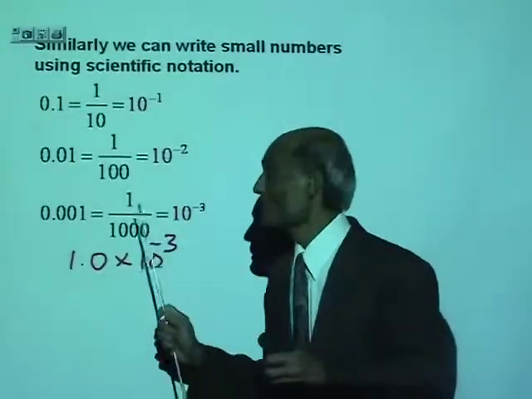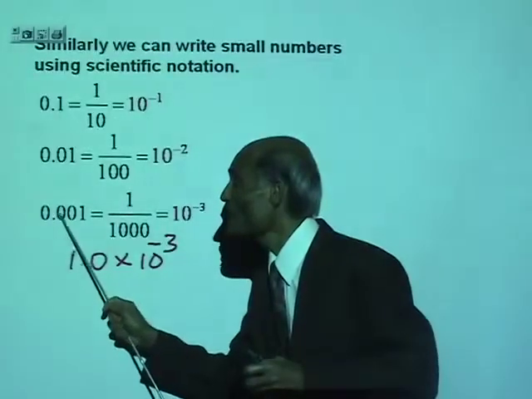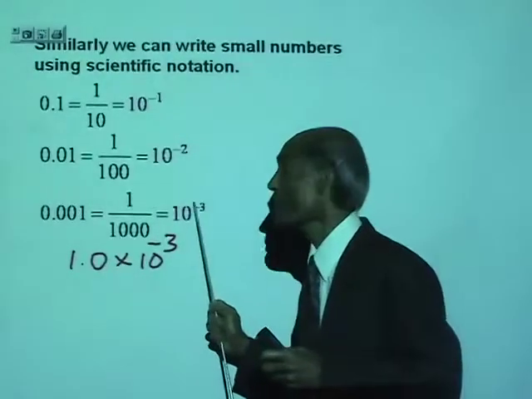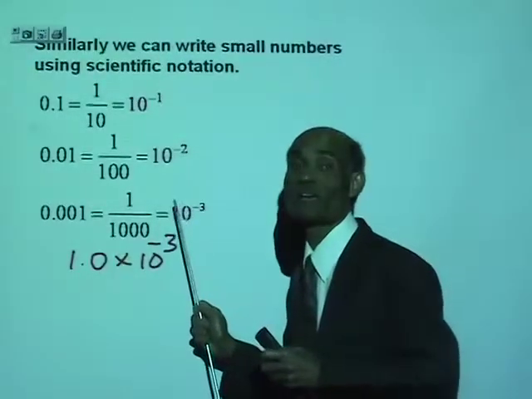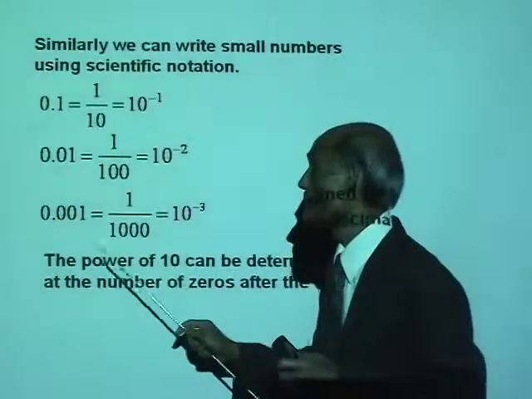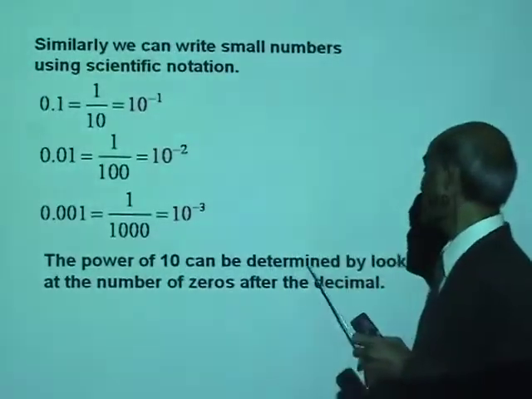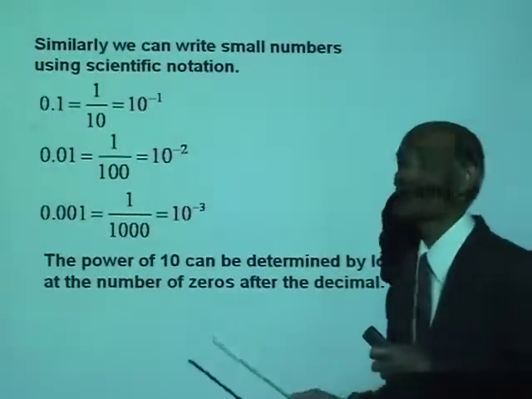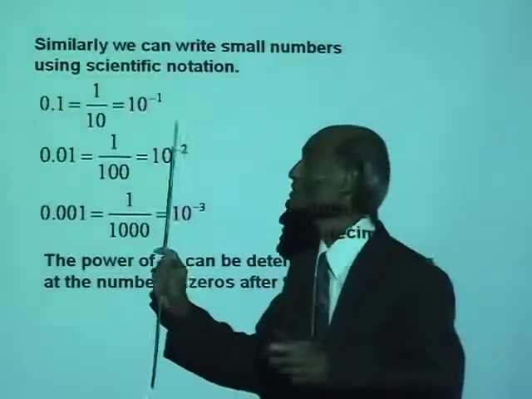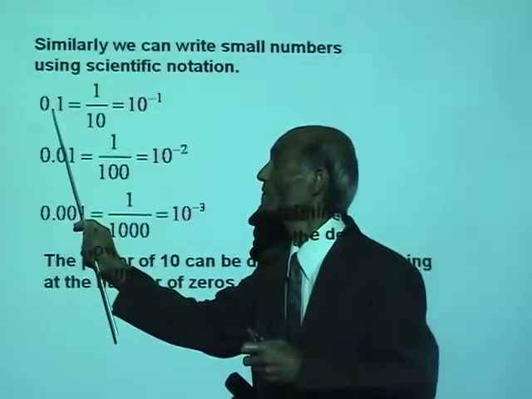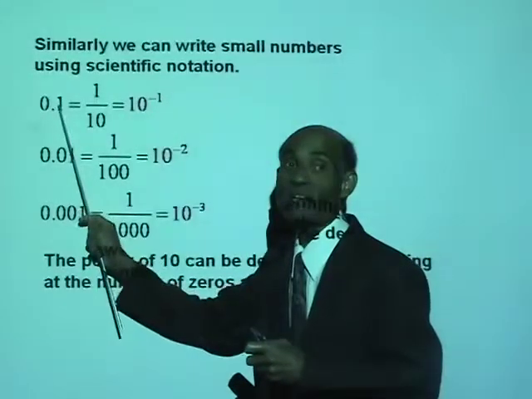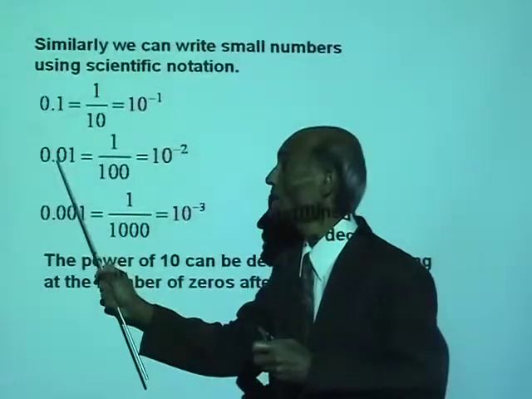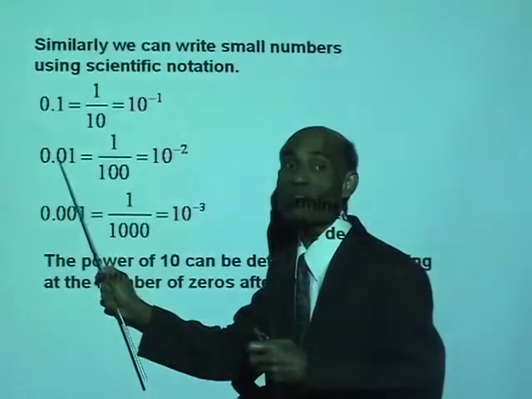That means, if you now look at this, the power of 10 can be determined by looking at the number of zeros after the decimal. Now, let's look at that again. Here, there are no zeros after the decimal. The power is -1. Here, we have 1 zero after the decimal.